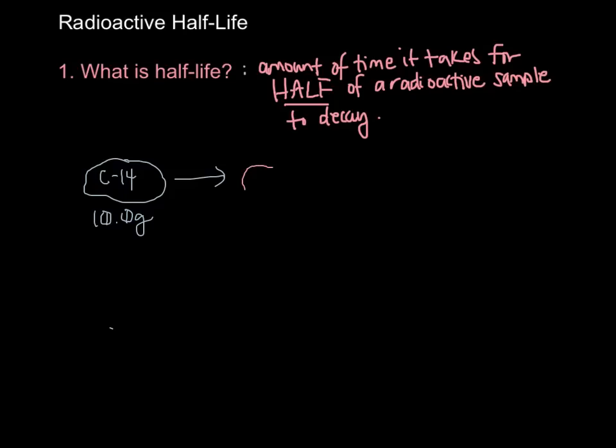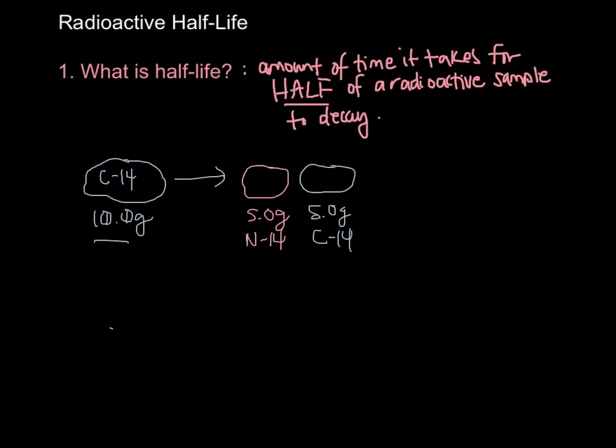So when we have 5 grams of nitrogen-14, which is what it decays into, and then 5 grams of carbon-14, the amount of time it took for our 10 grams of carbon to break in half, or for half of it to decay, is called half-life.